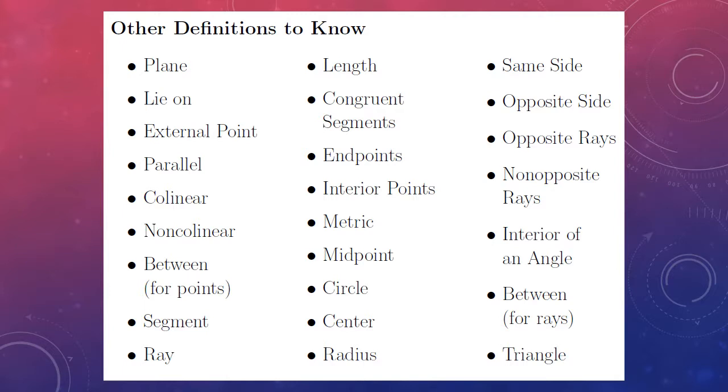We have a few other notions that are a little bit newer, like the notion of being between for points or between for rays. So you want to make sure you go through these and get familiar with these terms. You're not necessarily going to have to be able to regurgitate their definitions verbatim, but you should be able to tell me what any one of these mean if I were to ask it on a test. I know it seems like a lot, but like I said, a lot of them are pretty intuitive in the way they're defined.